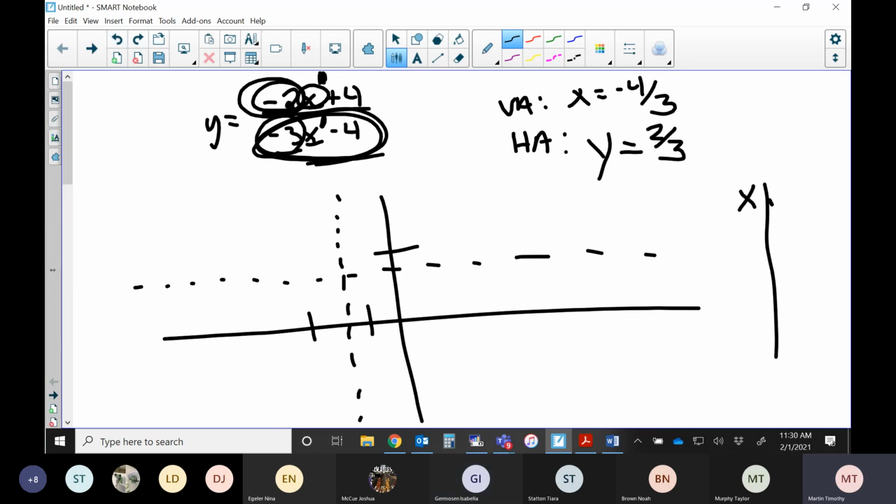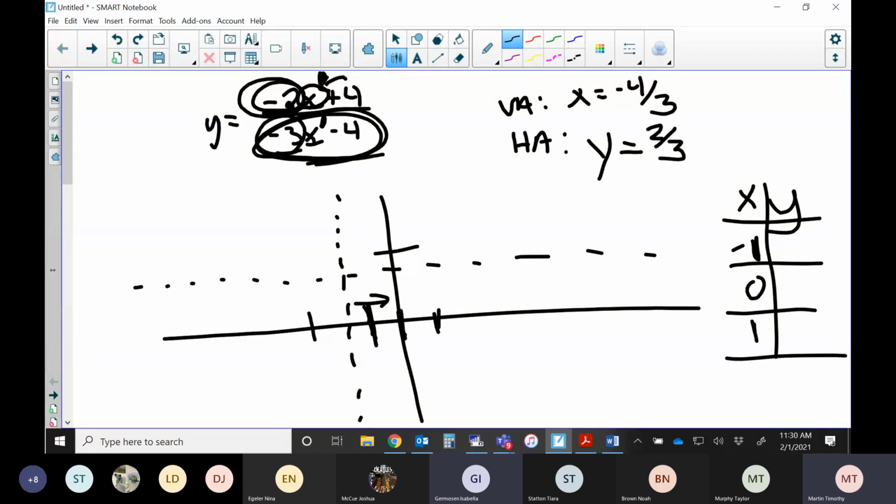So here we go. My first number to this side of the asymptote would be 1. So I'm going to plug in 1. The next number would be 0. I'm sorry, -1. And the next number after that would be a +1. So those are the X's I'm plugging in right here.